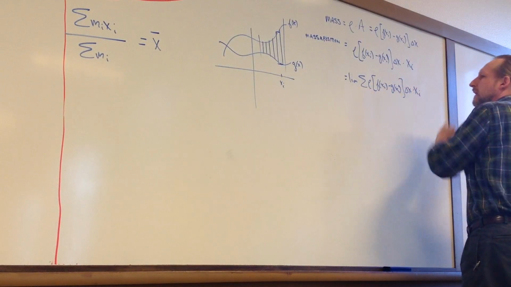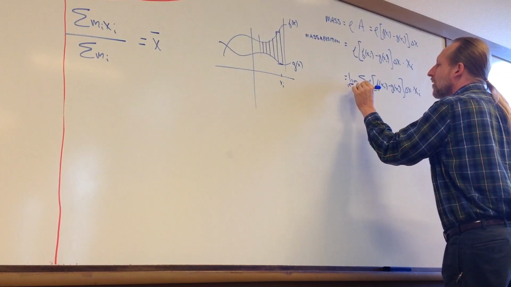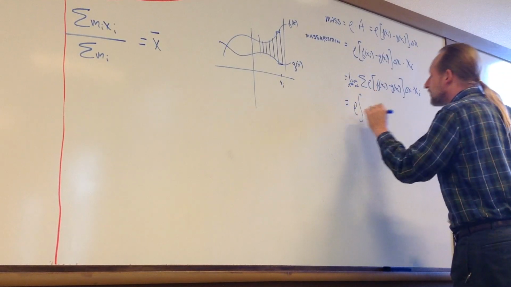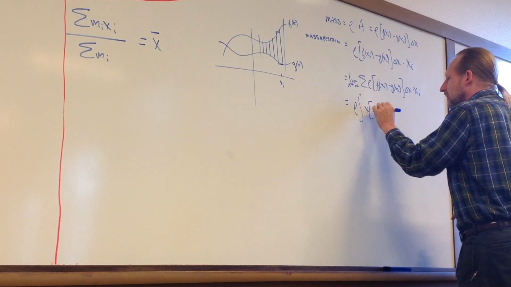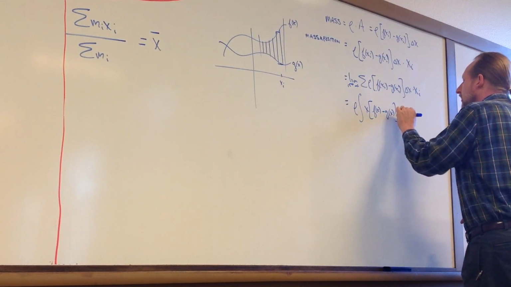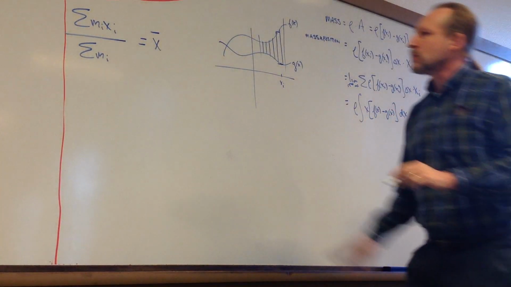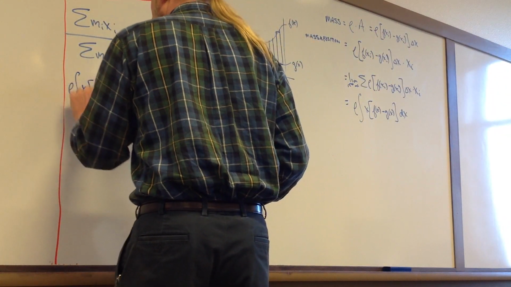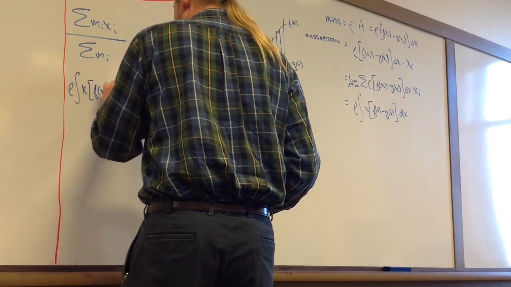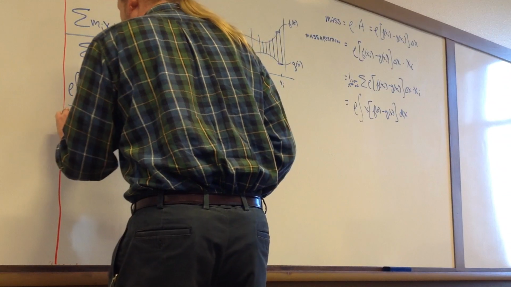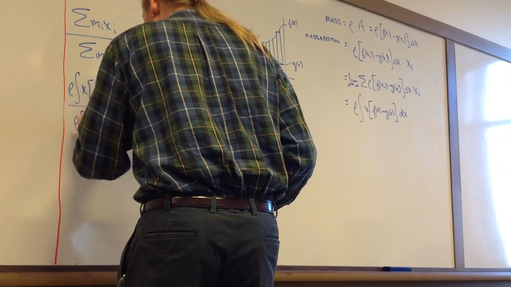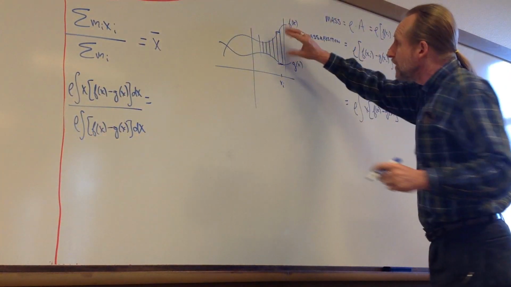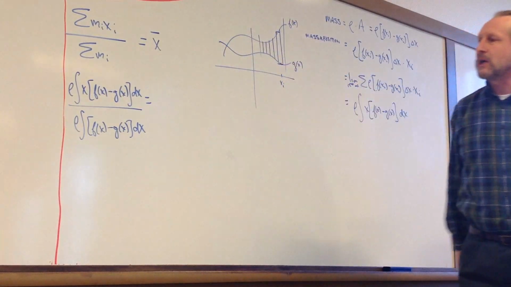When we turn this into an integral, we'll have rho integral x times f of x minus g of x dx. So that's going to go over here in the numerator, rho integral x times f minus g dx. And then the denominator is just the integral of f minus g, because that's the area between the two curves.